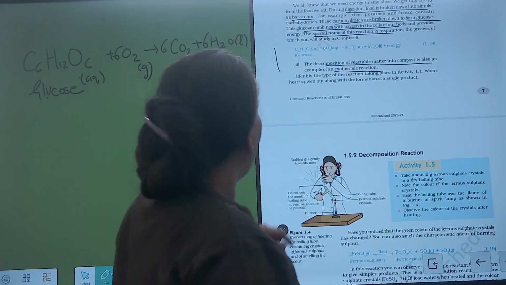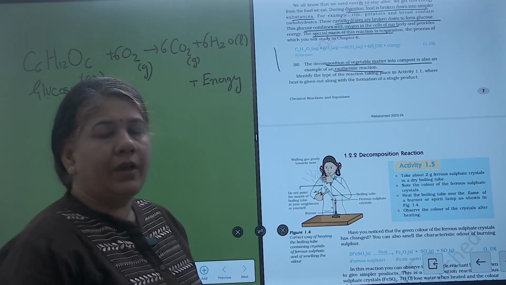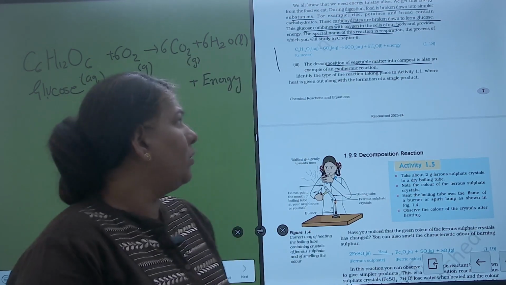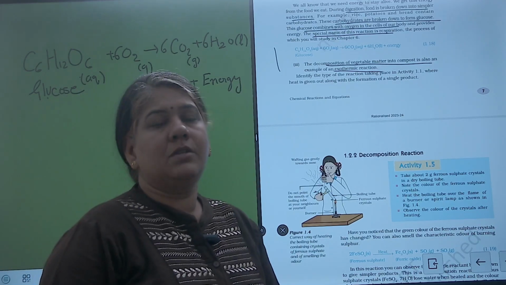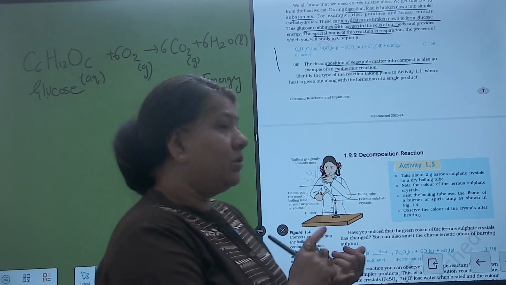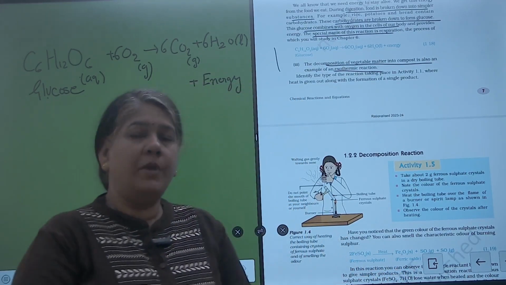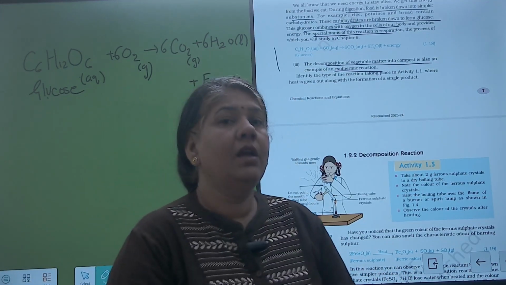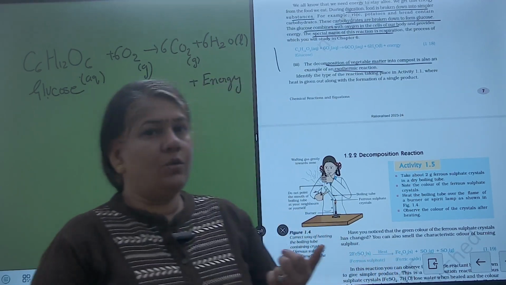So these are a few examples of exothermic reactions. You must remember these examples of combination reactions, along with those that are combination and also exothermic, and those which are solely exothermic.